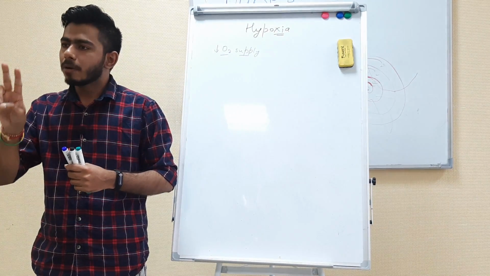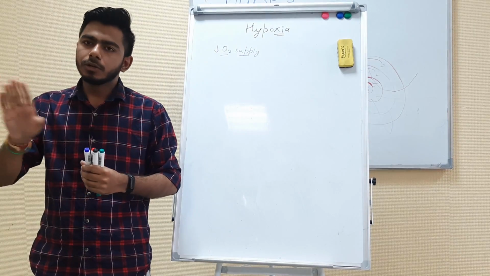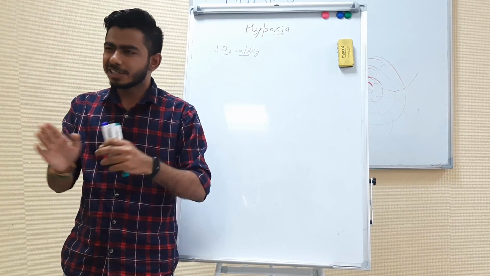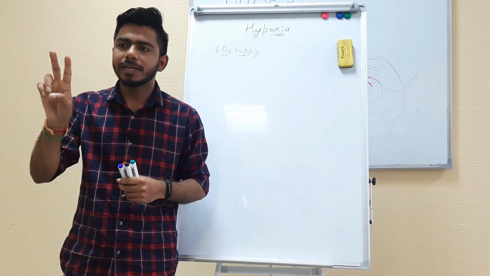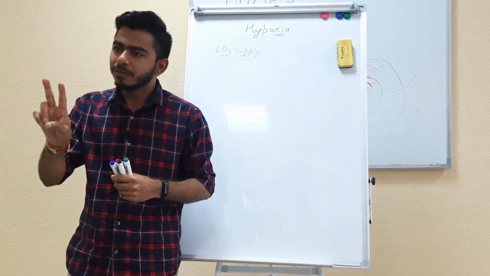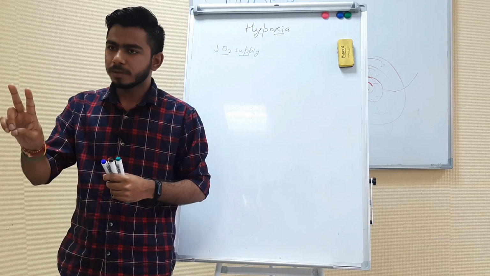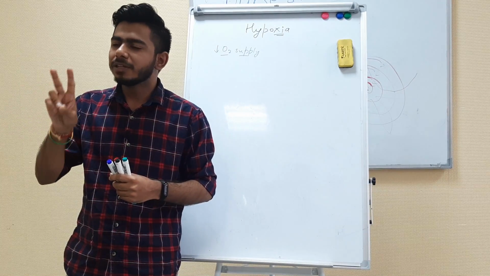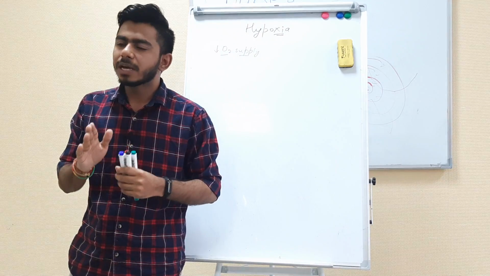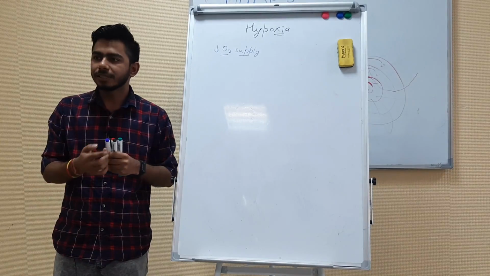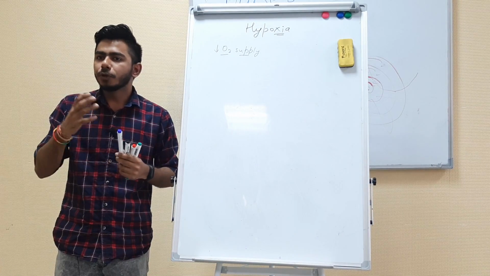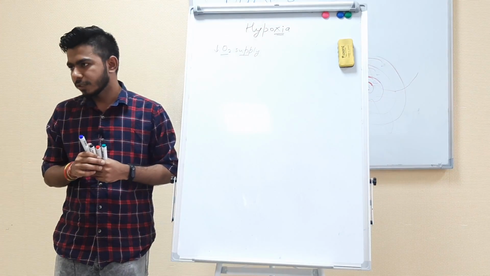Doctors care first about the brain and second about the heart. If they remain hypoxic, the patient will have severe consequences. For example, if the brain does not get a proper amount of oxygen for a minute, various kinds of neuronal imbalance can be seen in such patients.